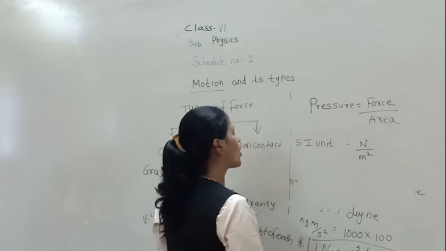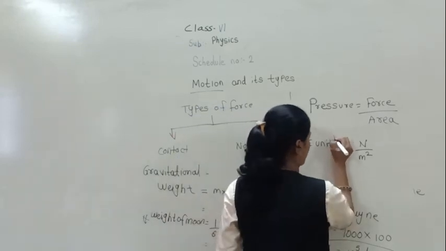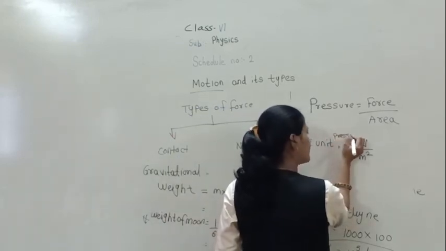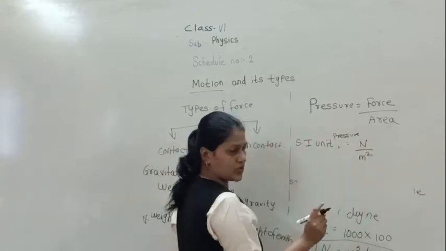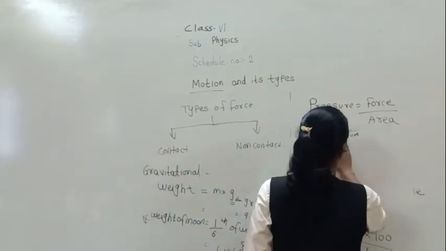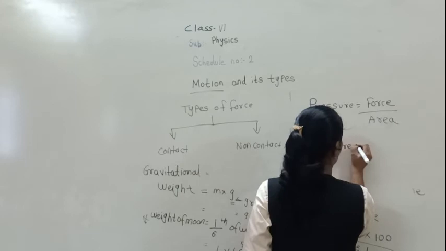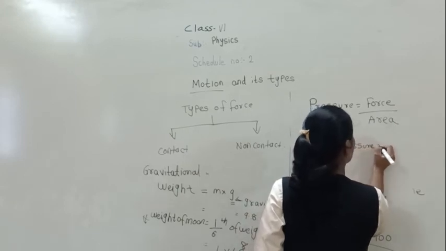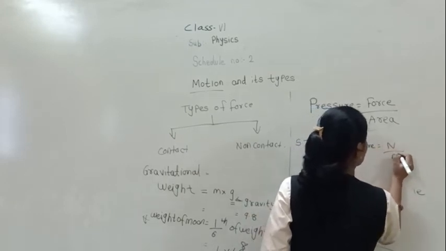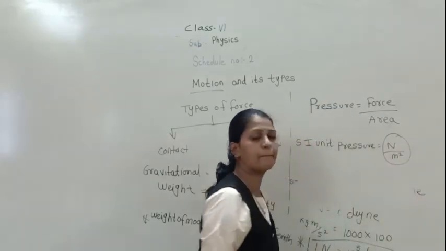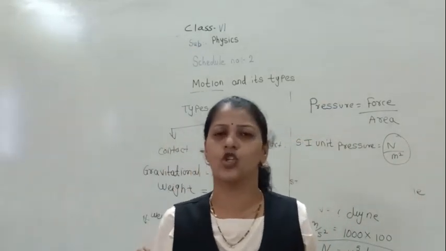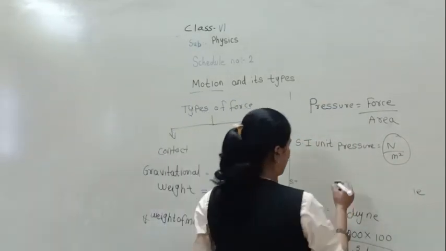Am I right? So the SI unit of pressure will be Newton per meter square. This is also called a Pascal.